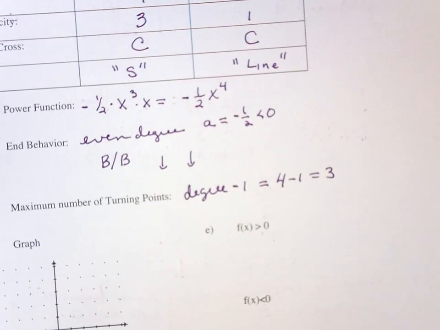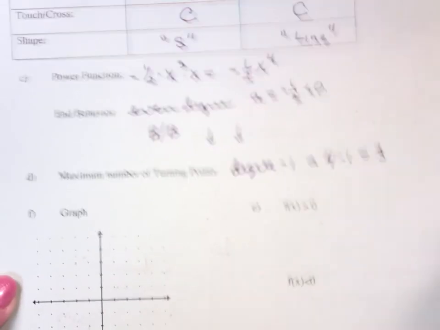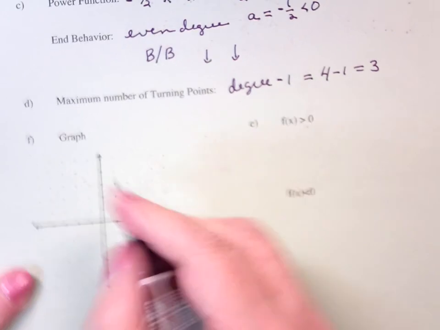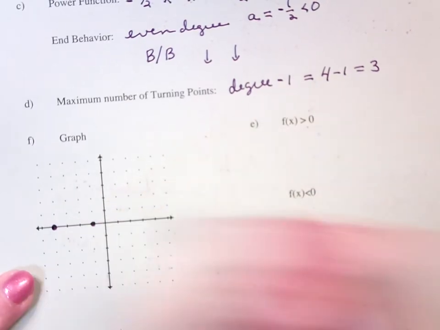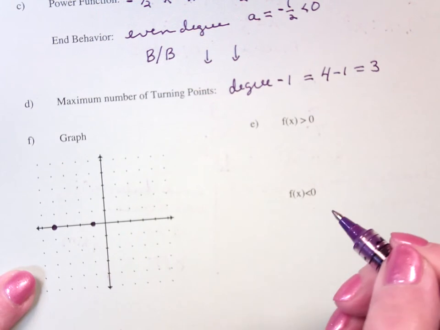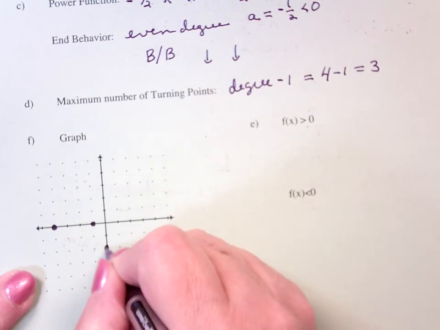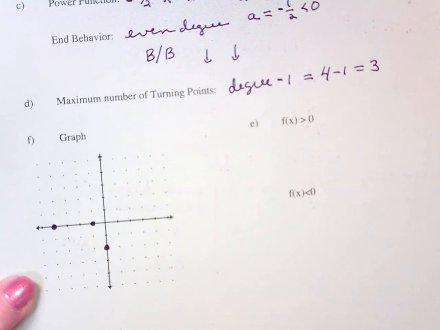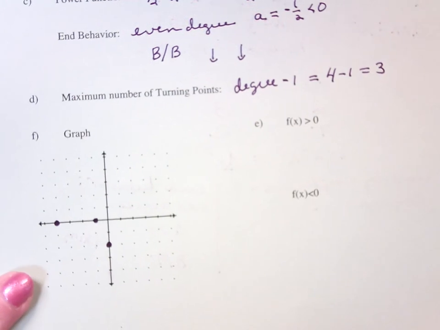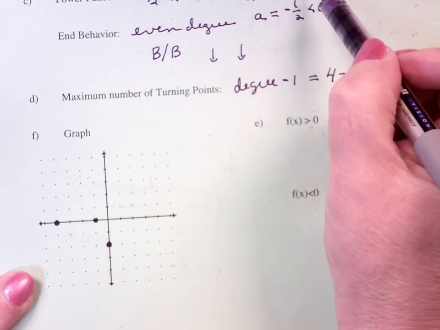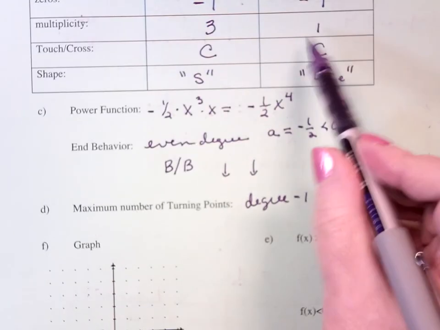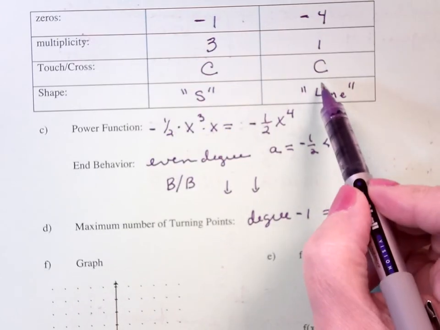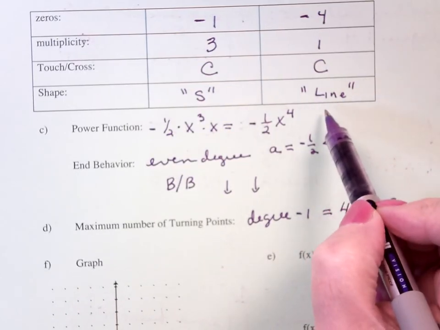So the first thing I do is I put on my graph paper the x-intercepts. The x-intercepts are at -1 and -4, and I know I've got a y-intercept at -2. Now, what else do I know? I know that at -4, the graph crosses and looks like a line.